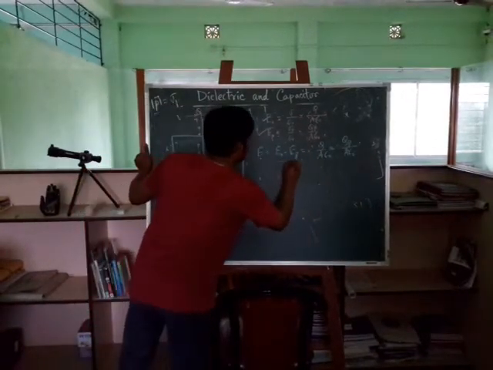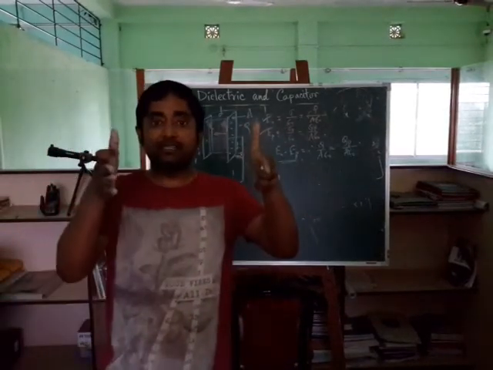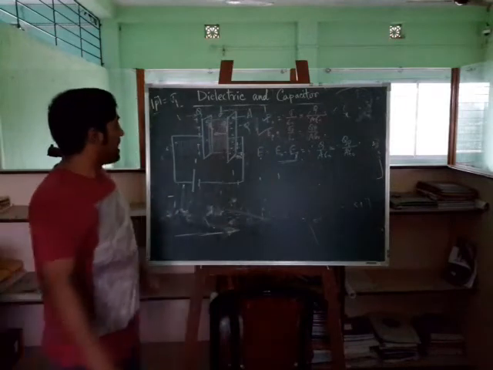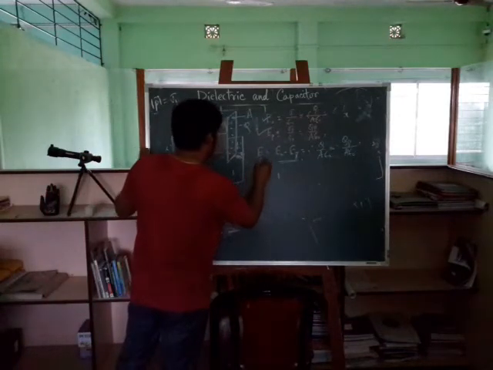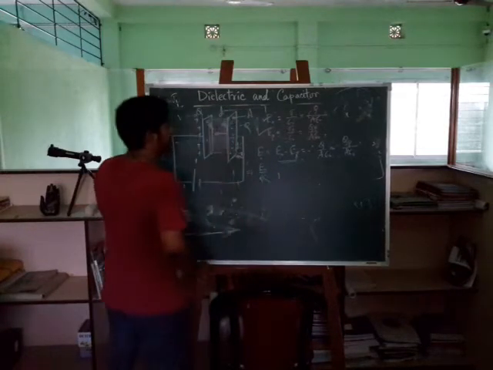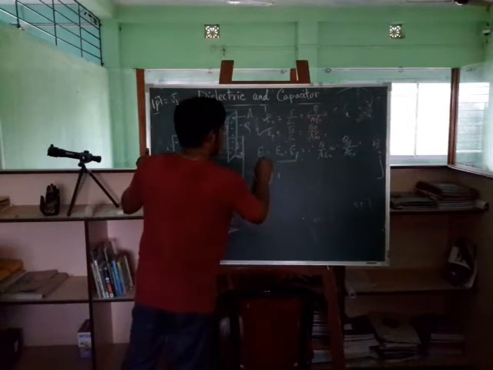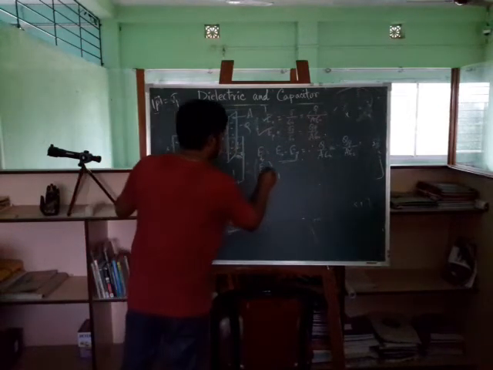Now what is that? That is the reduced electric field, that is the resultant electric field in between the two plates. And from the definition of dielectric constant we know that this E is nothing but E naught by K, right? This is a reduced field, and that has a direction in this direction. So E naught by K.